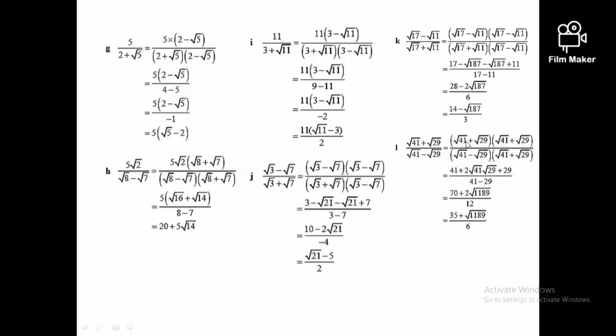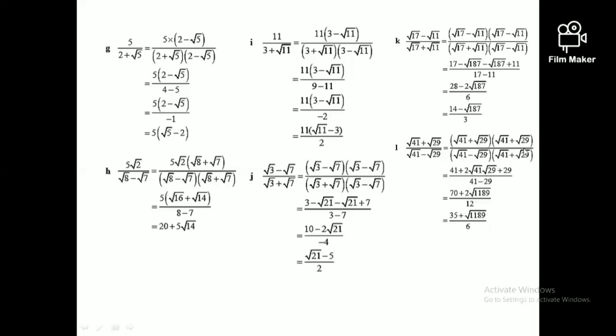Then root 41 into root 41 is 41, and root 41 into root 29 is root of 41 into 29, and there is another term: root 29 into root 41 is another root 29 root 41. If you multiply these two, there are 2 times root 41 into root 29. That is how this 2 came, because one is from this one with this and the other is from this one with this. There are 2 times such terms, right?